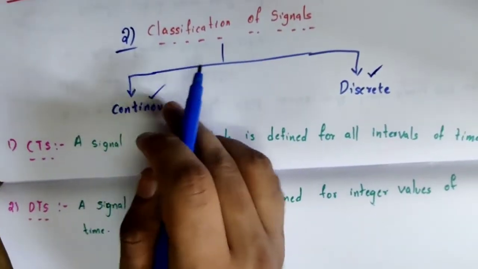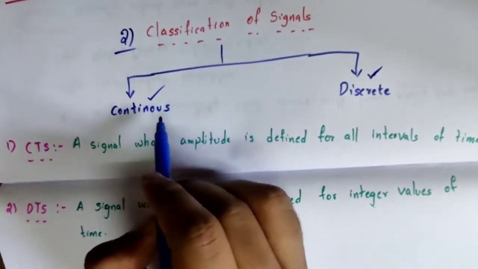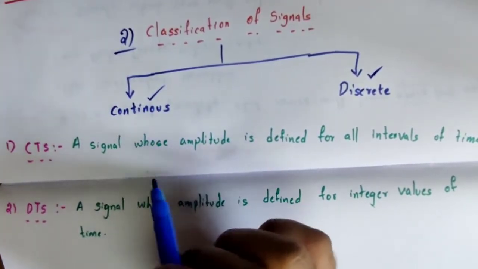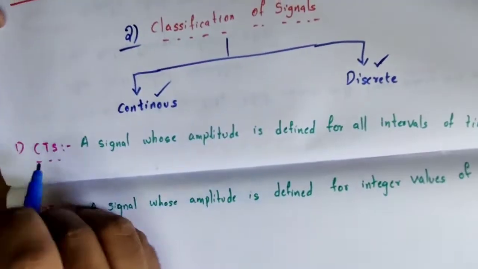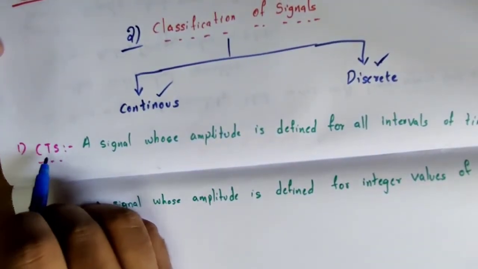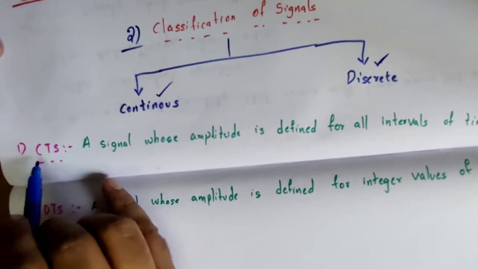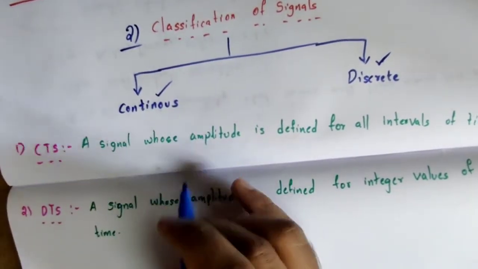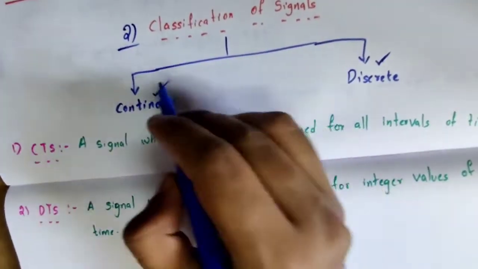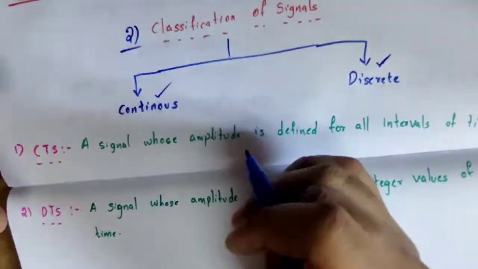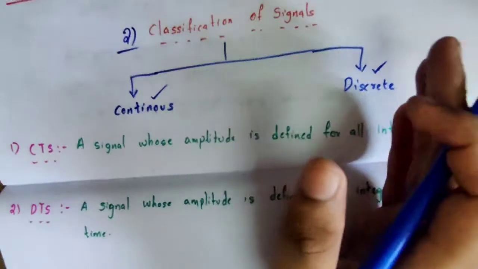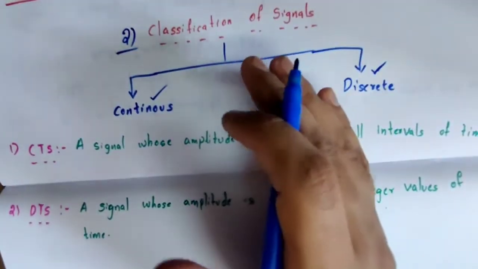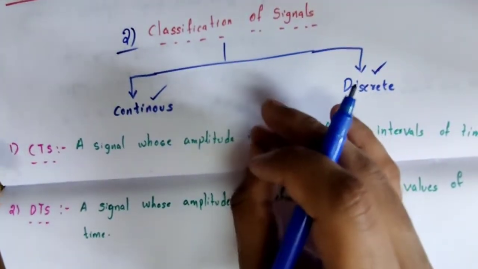So now let us understand what is meant by continuous signals and what is meant by discrete signals. Here I have written, so see, this is a short form. CTS means continuous time signal. Yeah, there is one more thing I have to say. In the previous video, what did we see? We have seen that there are three types of signals: one dimensional, two dimensional and three dimensional.